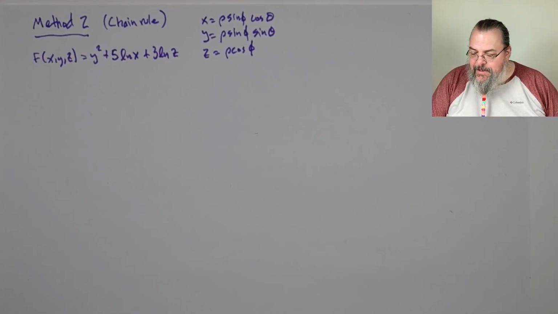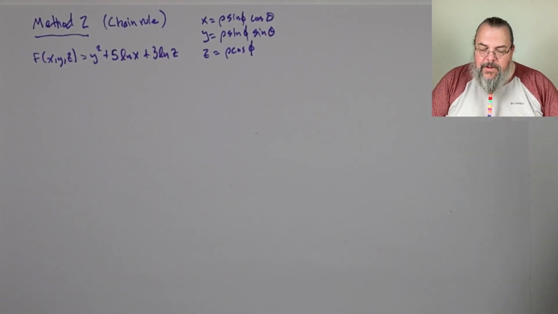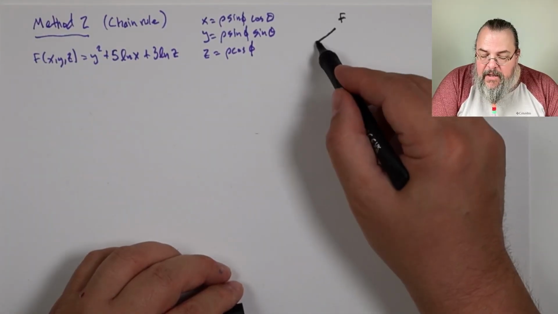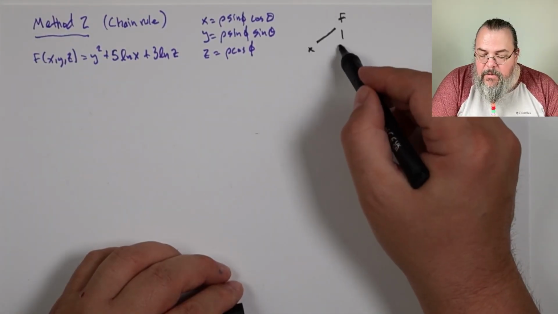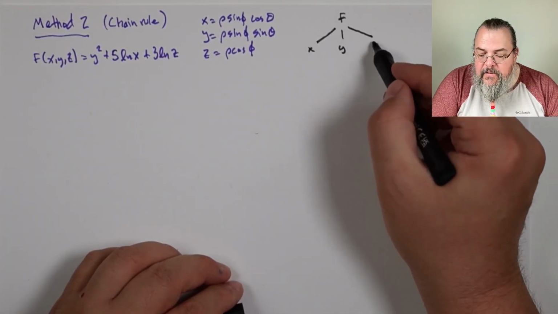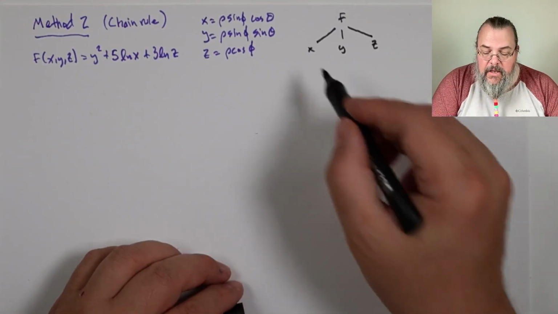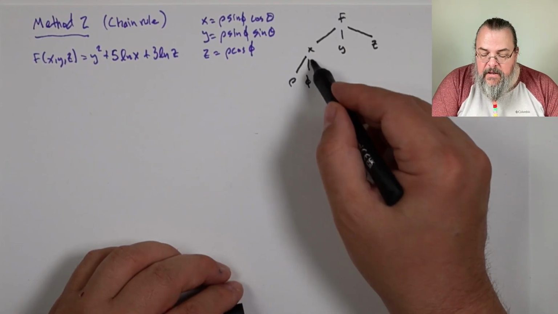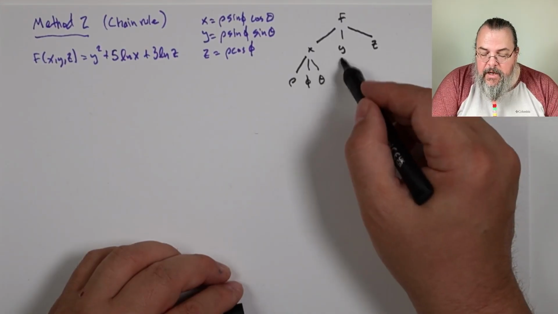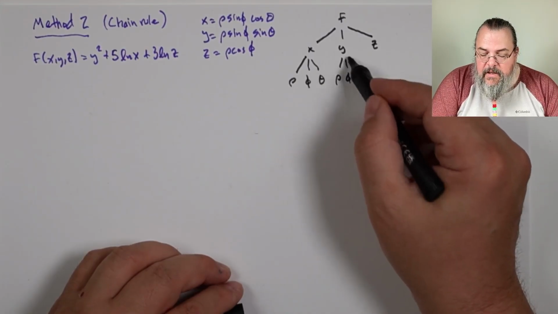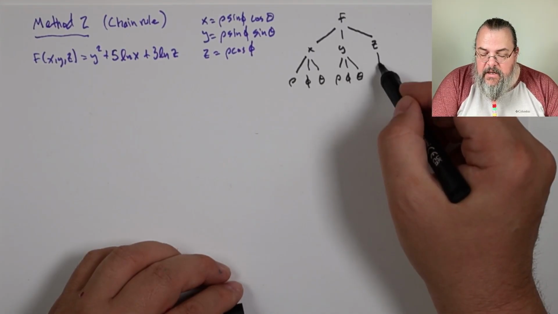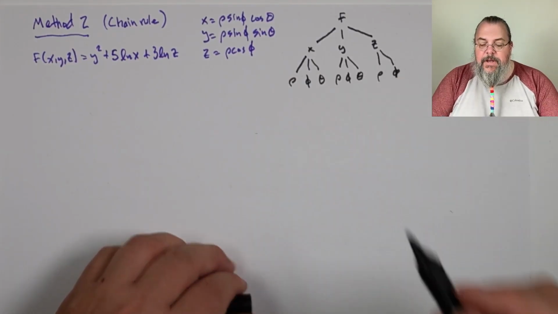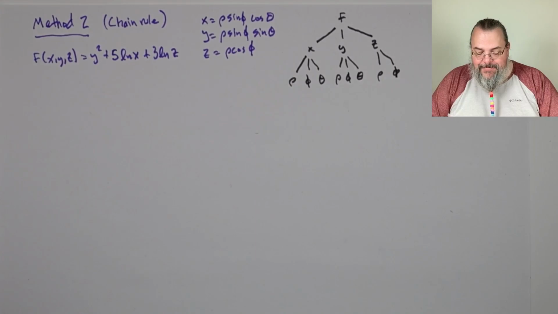So what's going on? Well, we're thinking we have f. It depends on x, y, z. And x depends on rho, phi, theta. y depends on rho, phi, theta. z depends on rho and phi. So we have this chart.